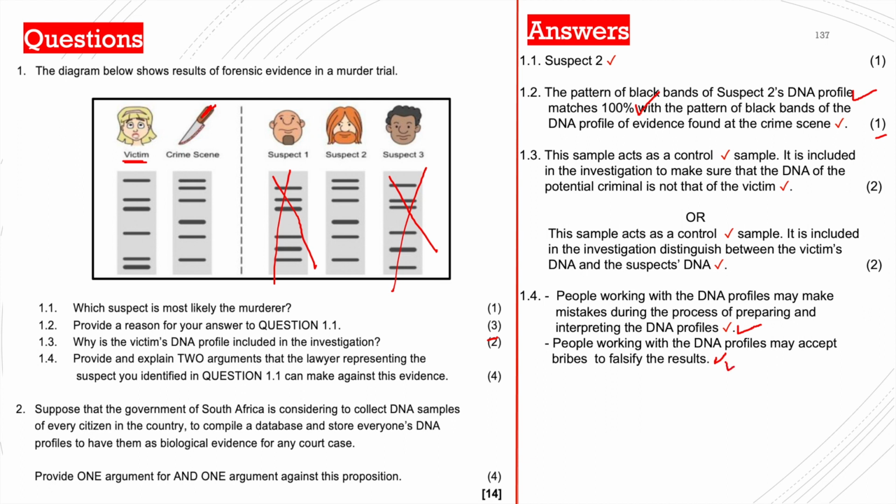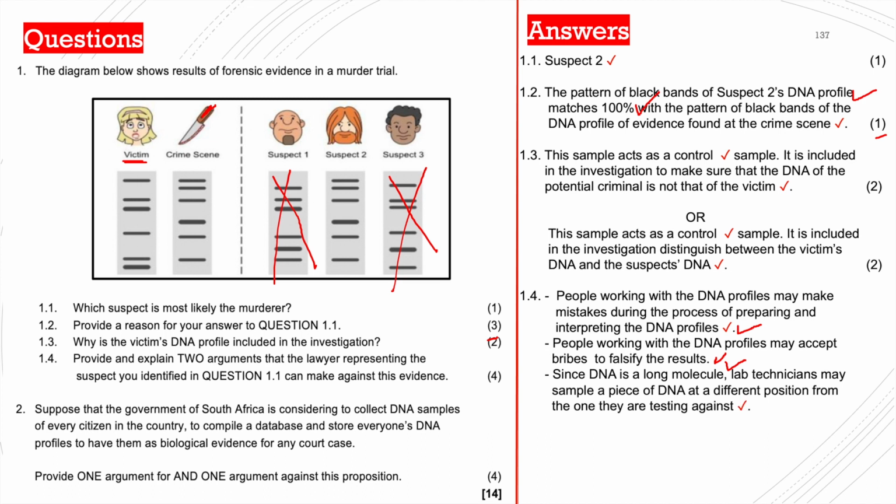This is another 2 marks, 2 ticks. Or you may say, since DNA is a long molecule, the lab technicians may sample a piece of DNA that is at a different position from the one they are testing against. This is an additional 2 marks.